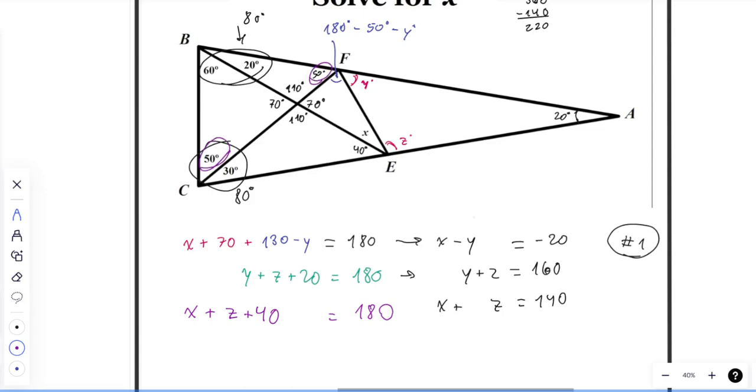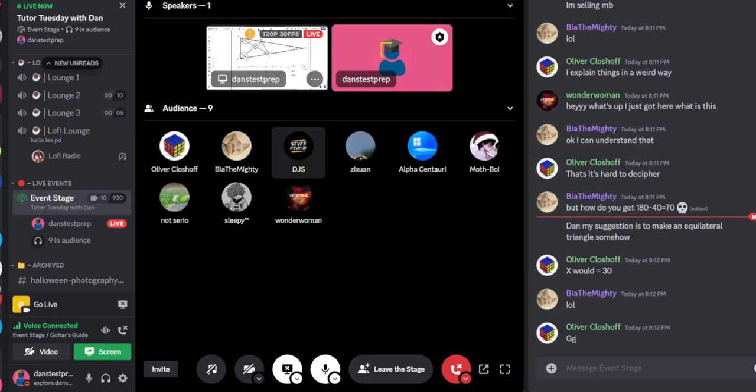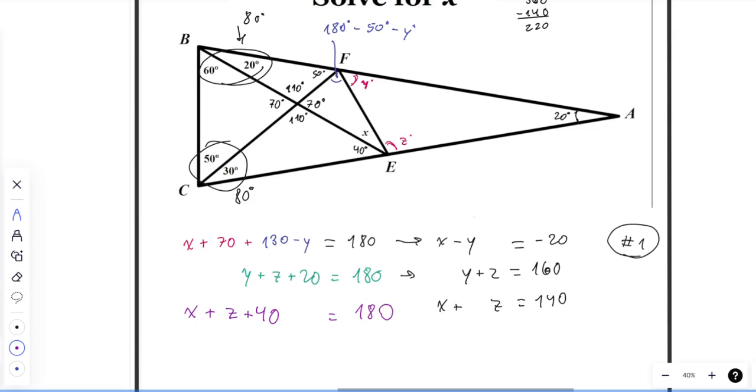Anyways, maybe make an equilateral triangle somehow. No, I don't see if we can make an equilateral triangle. I see we can make an isosceles triangle with these two sides, but I'm not really sure that helps me much.